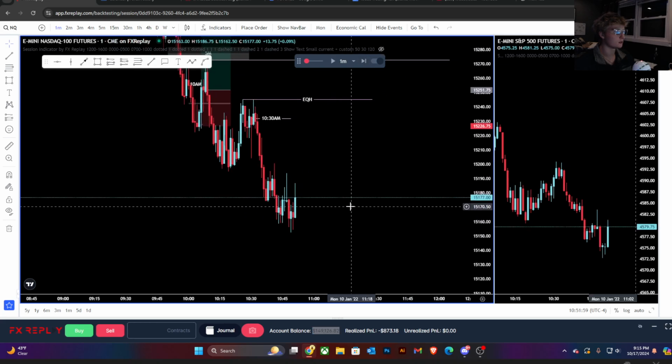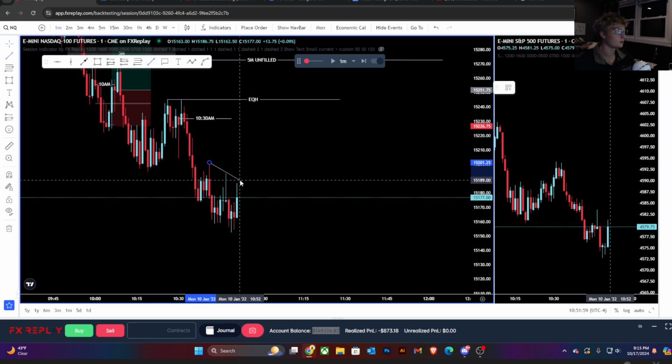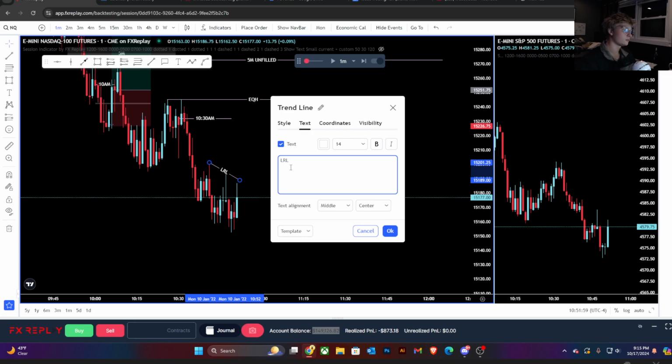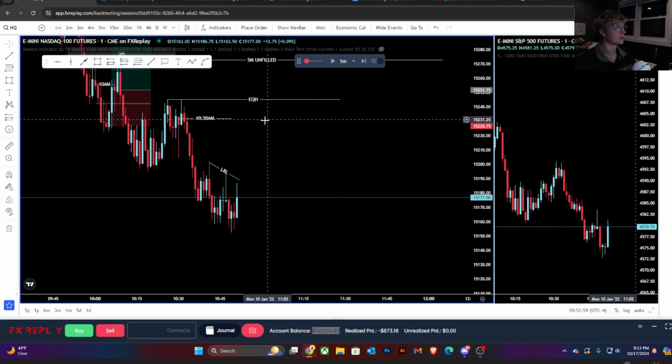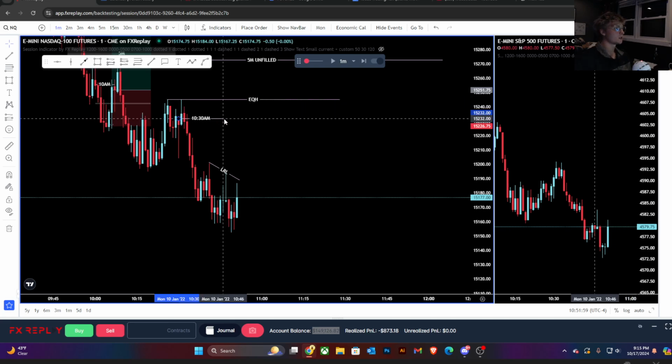Alright, so now we also have LRL. But yeah, not allowed to take any more trades based on my new rules, which is if I take 1L, I'm just done on that day. It's to preserve capital and avoid forcing setups after a loss.